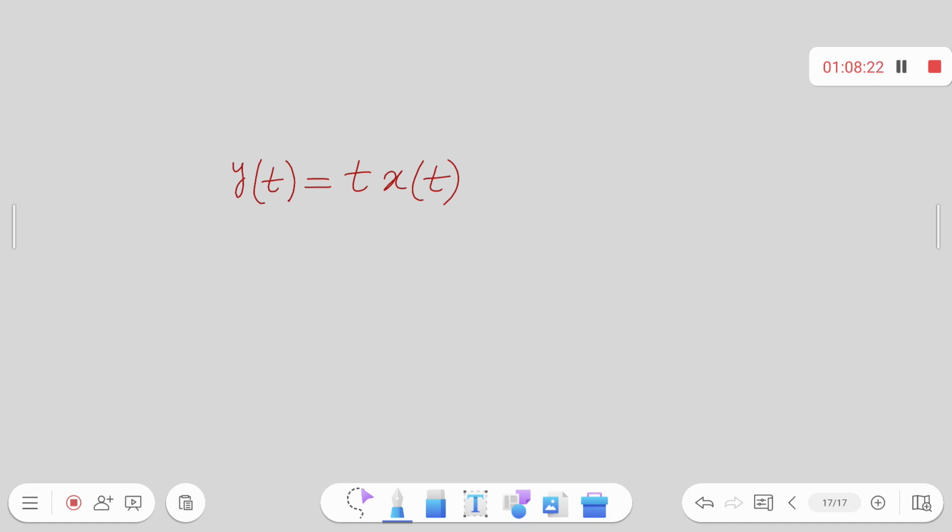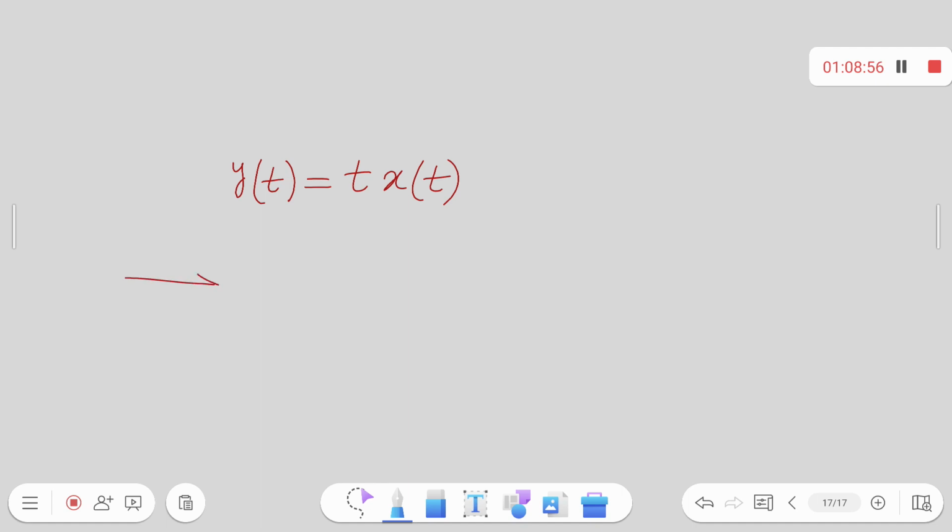How to find out the impulse response? The input and output relationship is given. y of t is equal to t times x of t. x of t is the input, y of t is the output. So how to find out the impulse response of the system? For any system, how can I find out the impulse response?